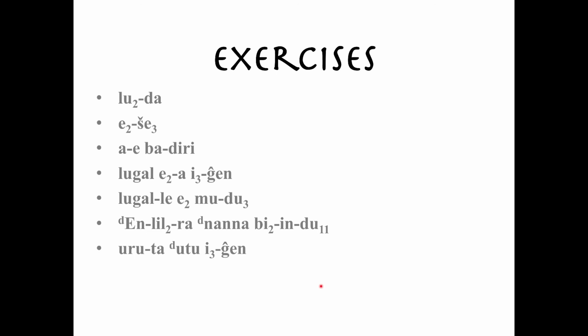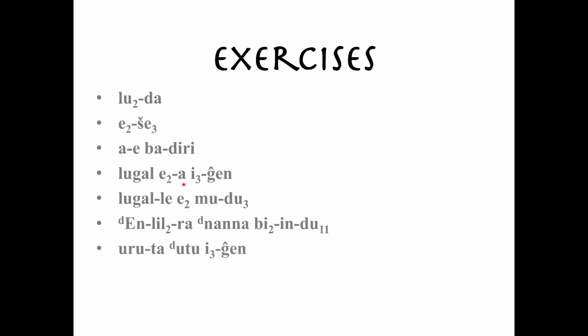So here are your exercises. Notice here, lu2 da. How would you translate that? A2 she 3. A. Ba diri. Diri means to float. If you don't know what any of these words mean, you can look them up in EPSD online, but ba diri, just take this to mean it floats.